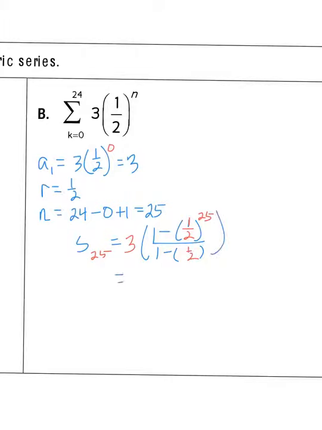All right, so that equals, so survey says, all right, so I'm going to take 1 minus 1/2 raised to the 25 divided by 1/2 and then times 3. So I get 5.9999999. Well, that's pretty darn close to 6. It rounds up to 6. So S sub 25 is approximately equal to 6.